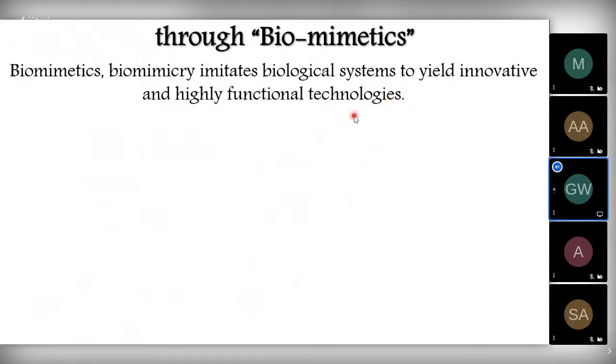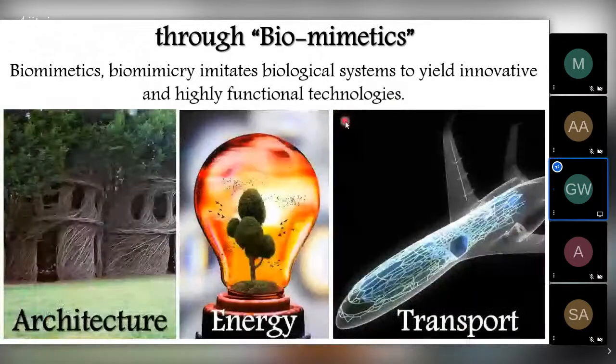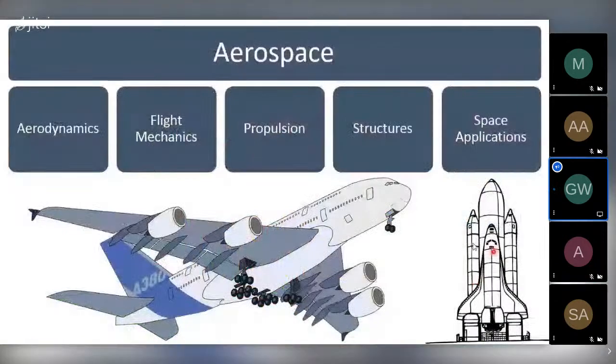Biomimetics has a vast variety of applications, right from architecture. There are bio-inspired architectures that can contribute to greener energy, and there are projects related to it. And further into the core portion of this session, transportation. Particularly, I'm going to talk about the aerospace applications. We have dealt with the former portion of the topic, biomimetics.